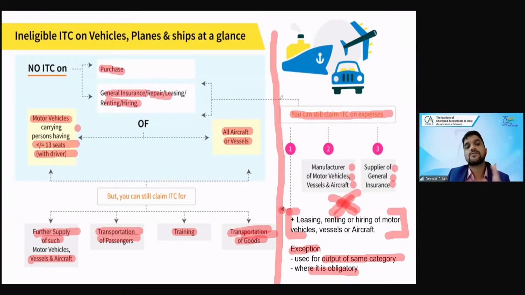Okay. So ITC on vehicles. Somebody was asking, what is the first point, Shruti? Well, if you buy these motor vehicles, you will not get it, is the first point. If a company gets motor vehicle on rent from an unregistered person and pays GST on RCM, they will not pay any GST on RCM.